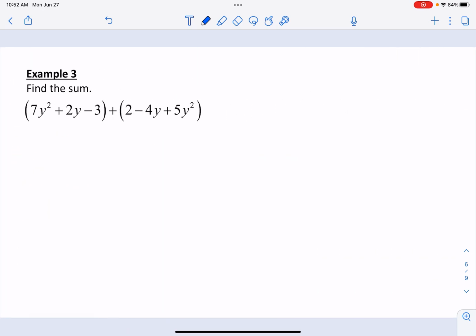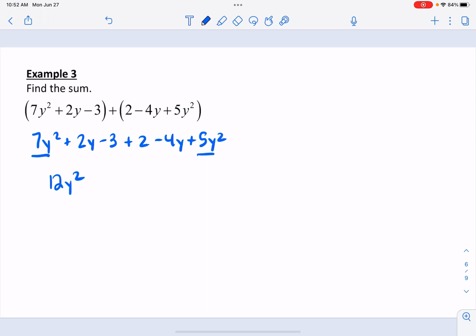Finding the sum. All you have to do when you're finding the sum of something is combine the like terms. So really this is just one big addition problem. 7 plus 5 is equal to 12y squared.